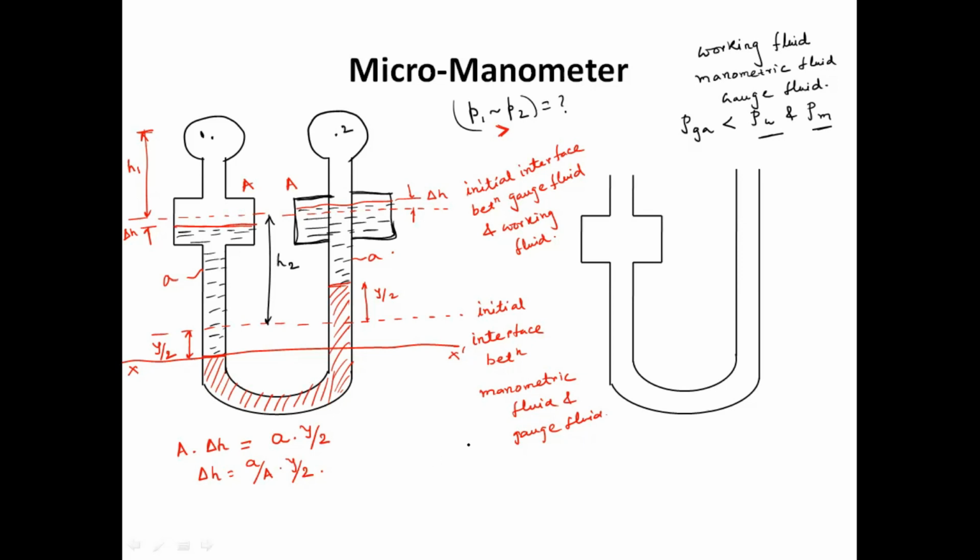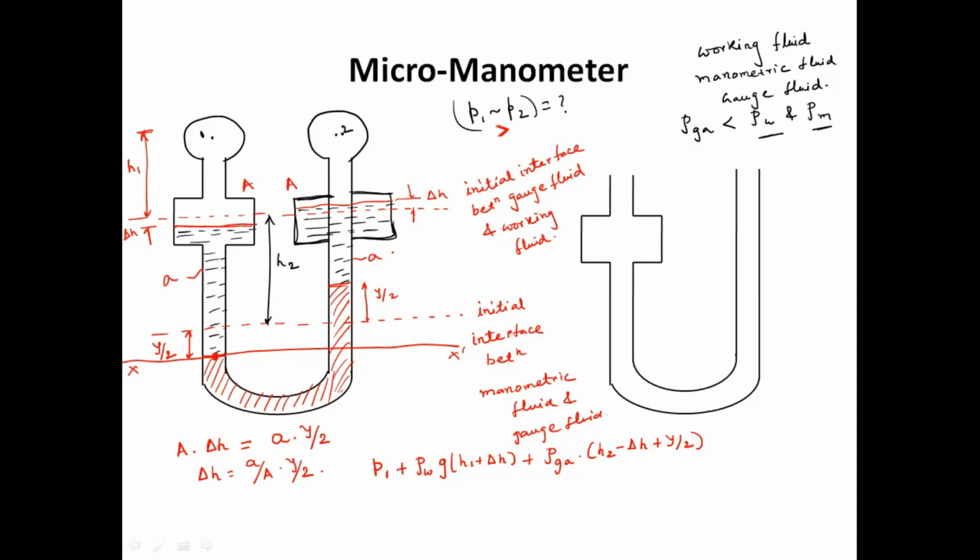In the same way, if you write down the manometric equation, P1 on the left hand side plus rho of working fluid g (H1 plus delta H) plus rho of gauge fluid into (H2 minus delta H plus Y by 2). We come here.